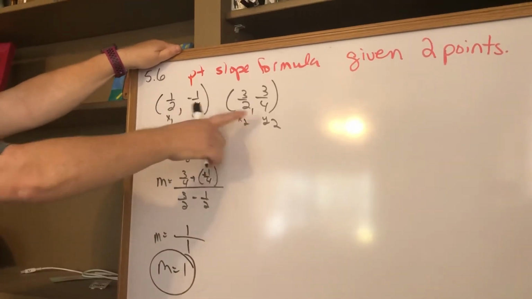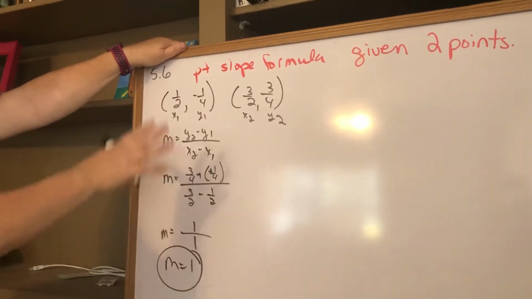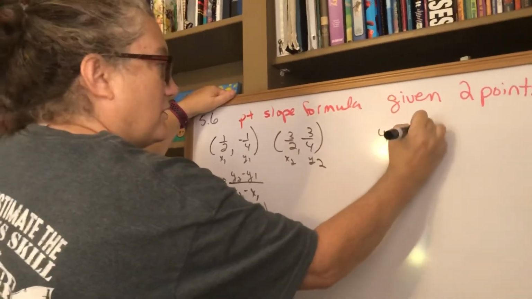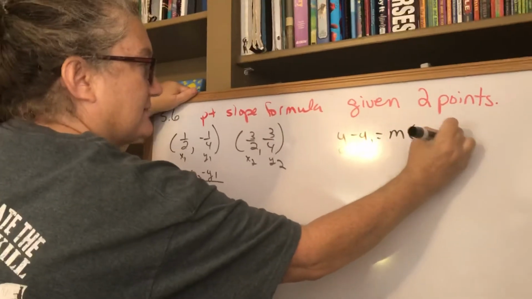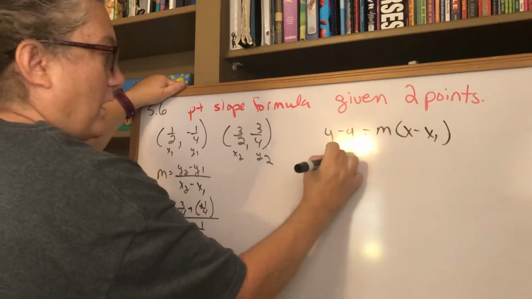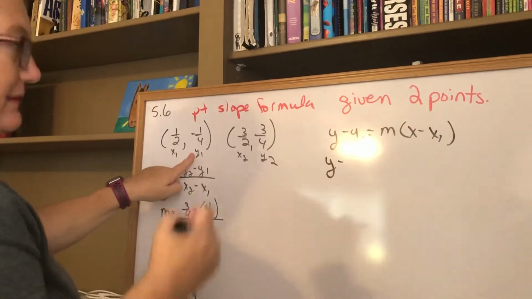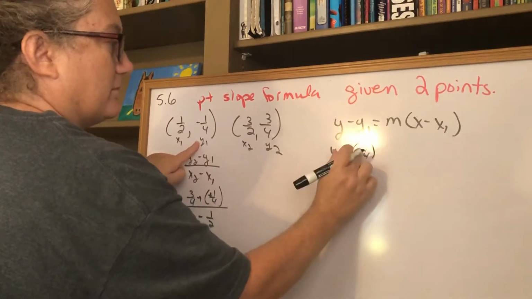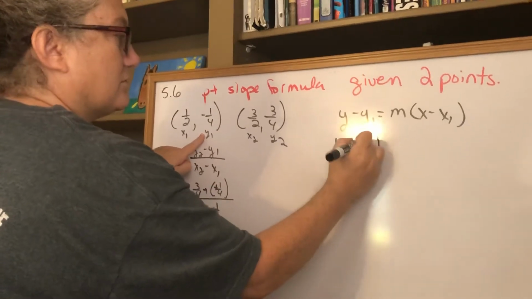We have a point. You could use either one. I'll remind you again, you could use either one. We use the point slope formula, which is y minus y1 equals m times x minus x1. Y minus, I'm going to use this one because I already labeled it as my y1, minus 1/4. Make sure that looks like a negative so that you don't make a mistake there.